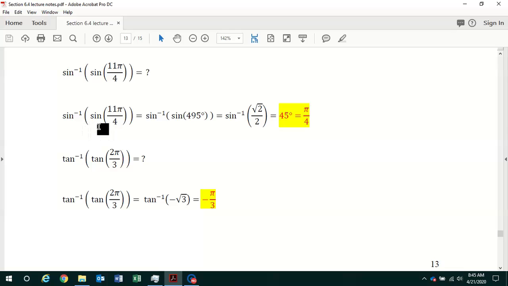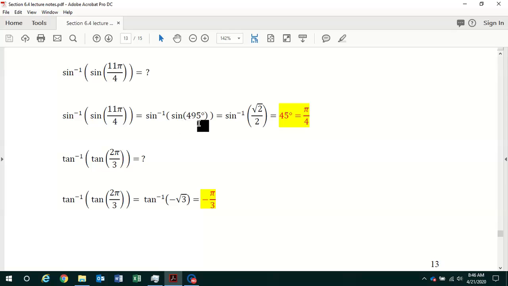So the inverse sine of the sine of 11 pi over 4 radians is equivalent to the inverse sine of the sine of 495 degrees. Well, 495 degrees is equal to 360 degrees plus 135 degrees. 360 degrees is one revolution around the unit circle, and then we go an additional 135 degrees to draw the angle 495 degrees.